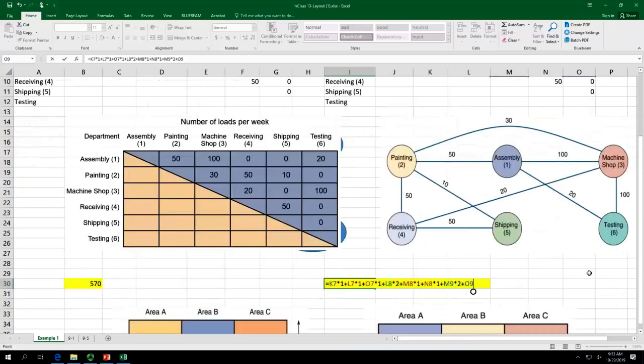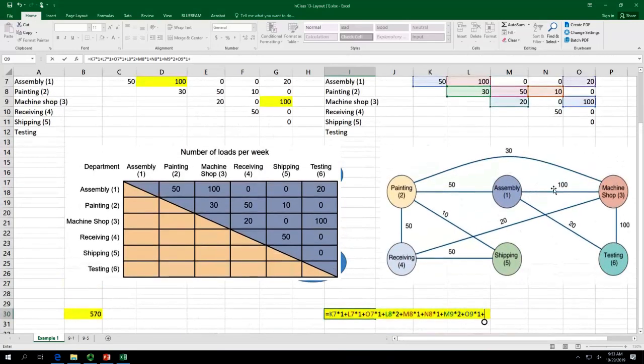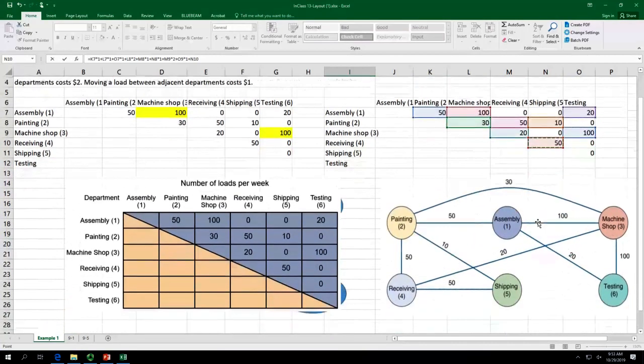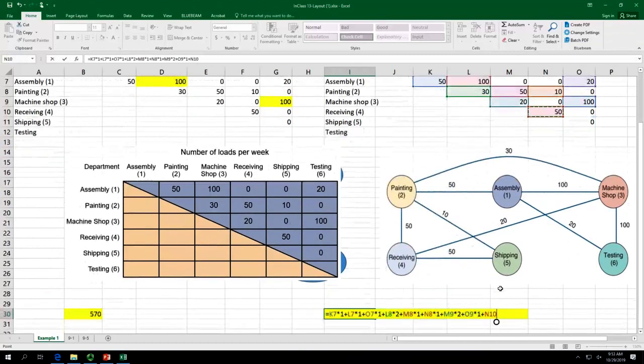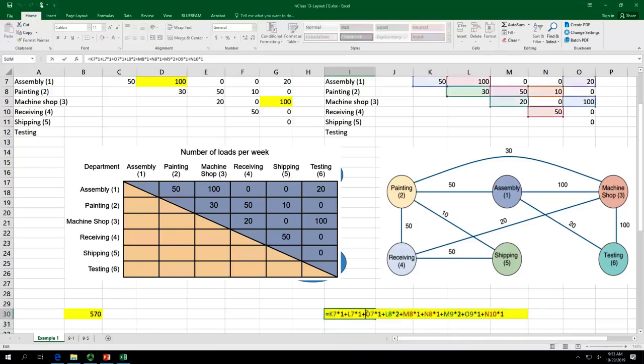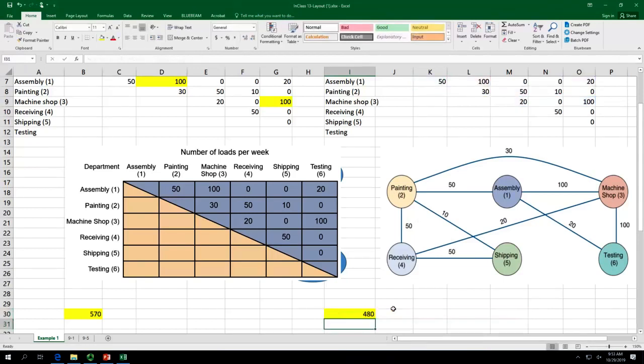Here is 6. And so you only times 1. Plus the next one, it is 50. This 50, it is 4 and 5. Look at this drawing, 4 and 5, they are adjacent to each other. So times 1. So the final result, it is 480.